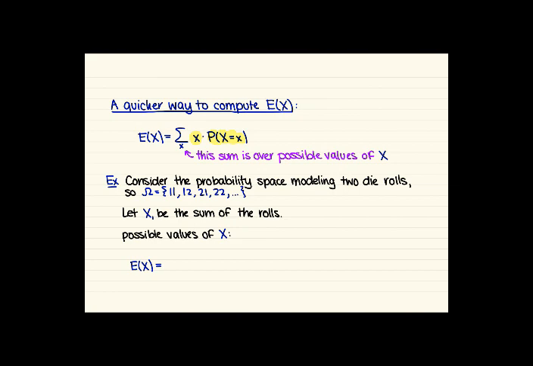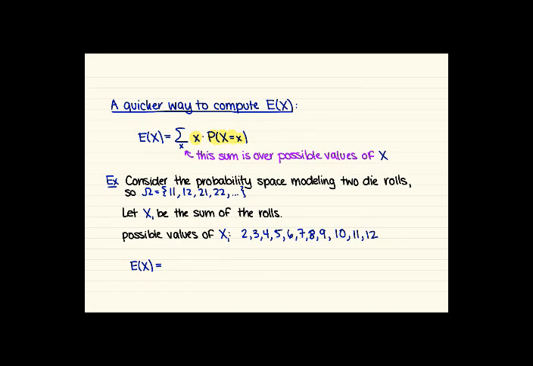So if we look at the probability space modeling 2 die rolls, once again, let X1 be the sum of the rolls. So looking at possible values for X1, we could have 2, 3, 4, 5, 6, and then up to the biggest that we can get for the sum of the rolls, which is 12.